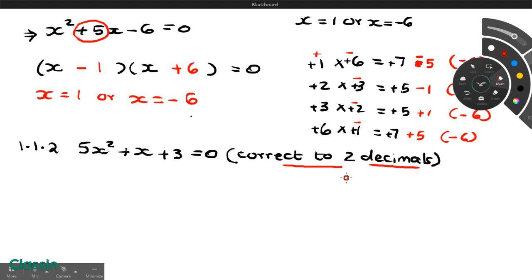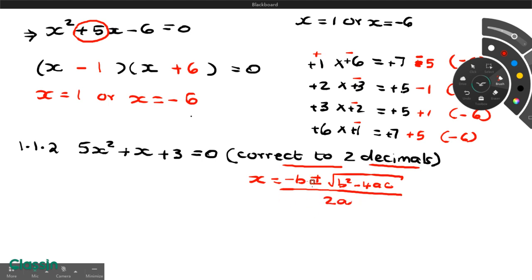Therefore, this question requires you by force to use x equals minus b plus minus the root of b squared minus 4ac, all over 2a.